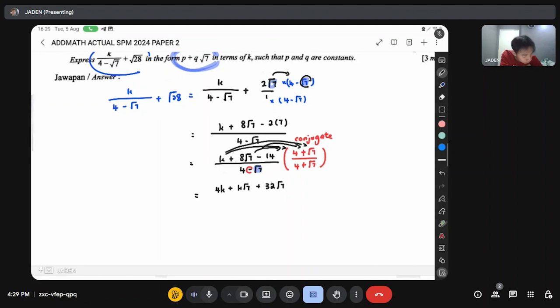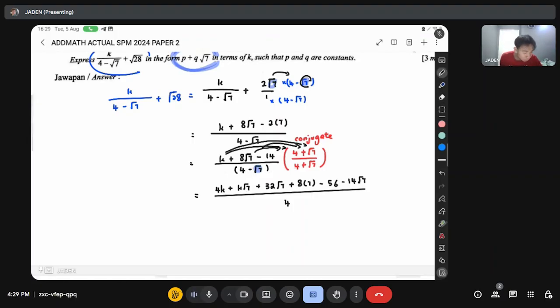This is plus sign, and then 8 root 7 times root 7, you still get positive, but this is 8 times 7. One more, negative 14 multiplied with 4, you get minus 56. And then negative 14 times root 7, of course you get negative 14 root 7, over 4 minus, all right, this one, let me just write it back.